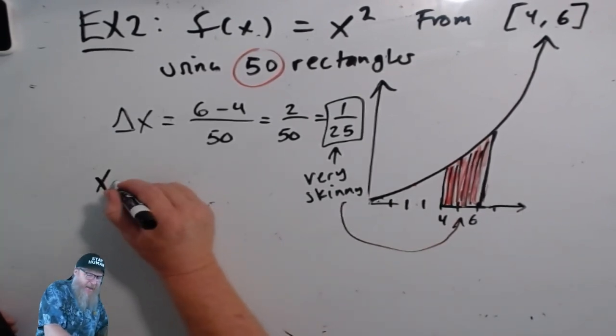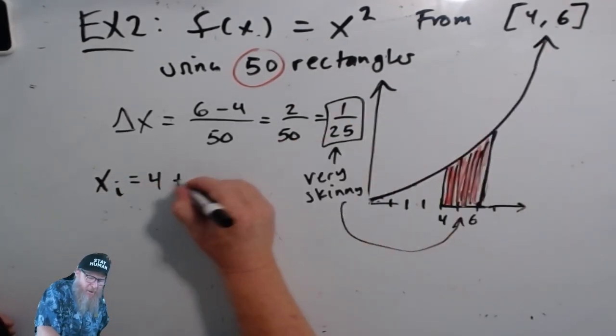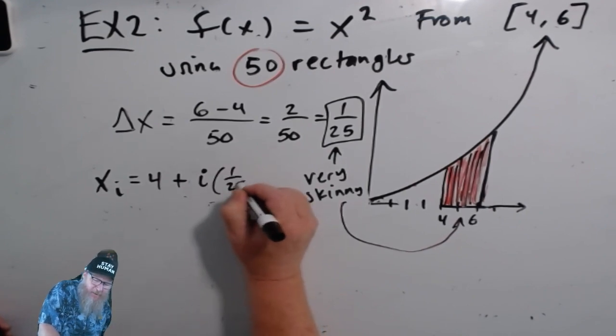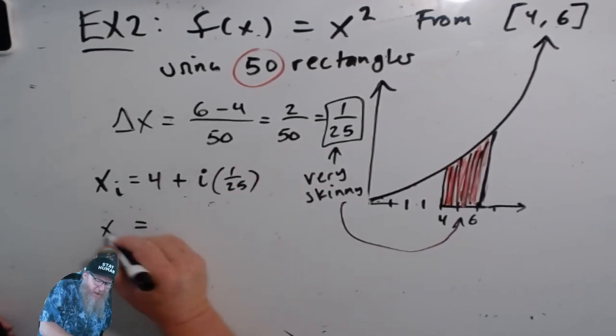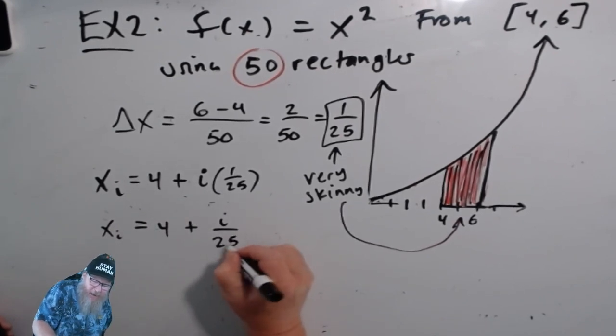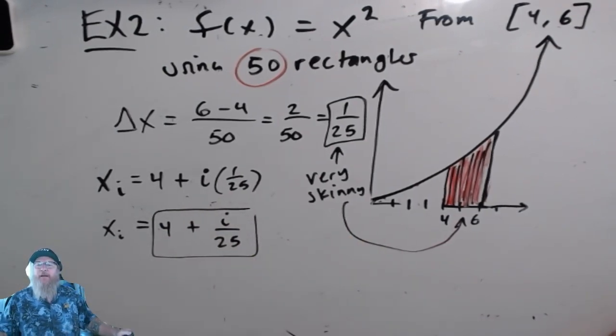What's your xi? It'll be a, which is 4, plus i times delta x, 1/25. Or you can write it as 4 plus i over 25 if you want to get rid of the parentheses. There's your xi.